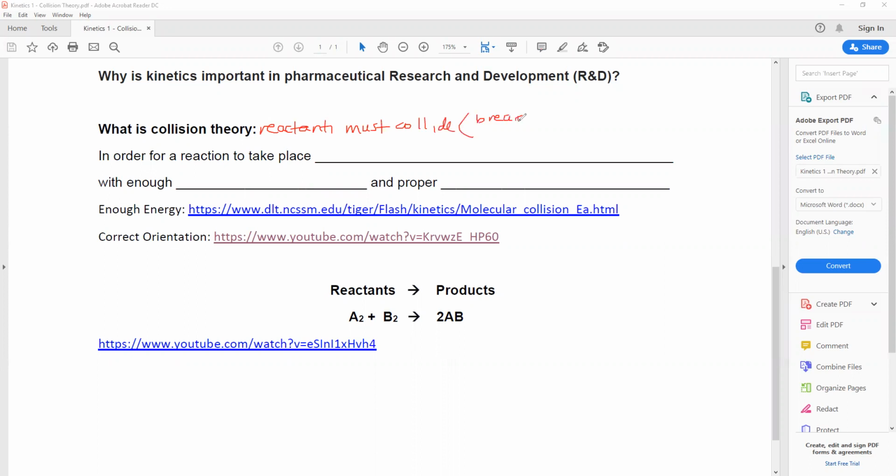To break old bonds and form new bonds. And in order for this to take place, the reactants must collide. They have to have enough energy and proper orientation. I hope that makes sense and it's helpful.